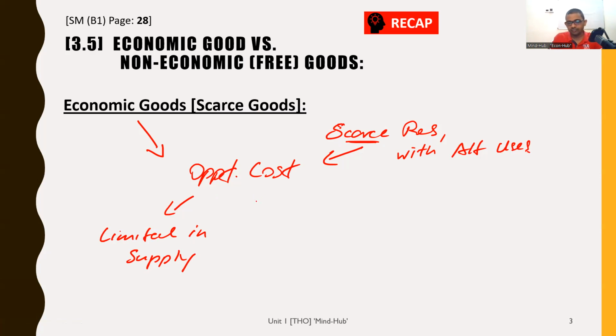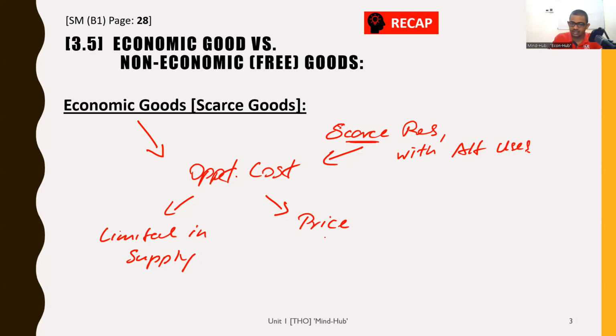And not only that, economic goods, because there is a cost in production, opportunity cost is there. Economic goods have a, what do we say? Yes, economic goods always have a price.